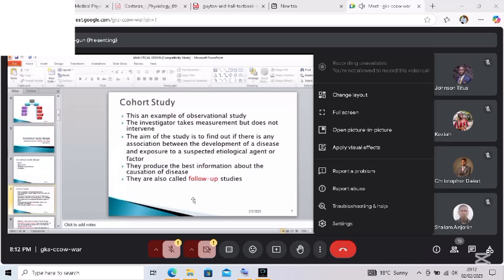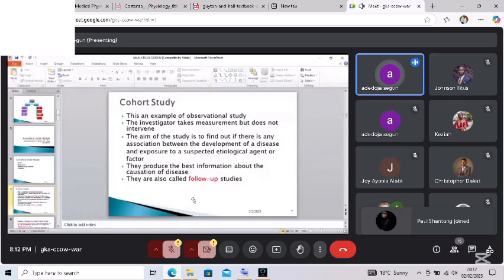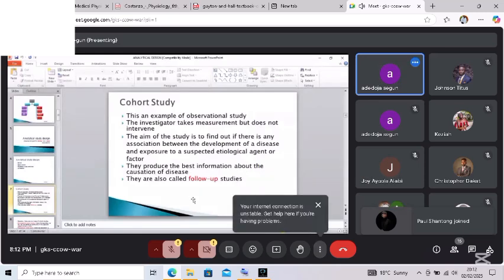This is an example of observational study. The investigator, I mean the researcher, takes measurements but does not intervene or manipulate. Whenever the investigator is manipulating or intervening, it shows that that particular research is no longer observational. It's now experimental in nature.